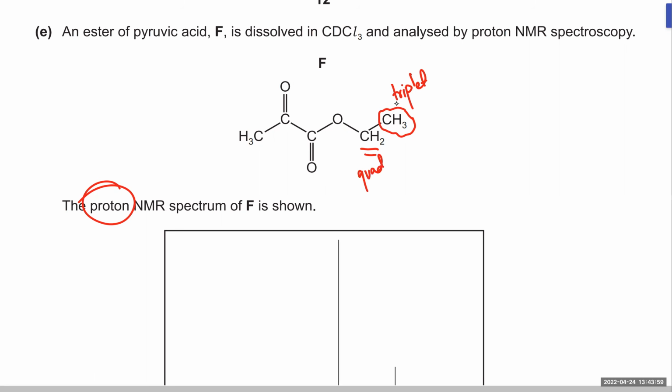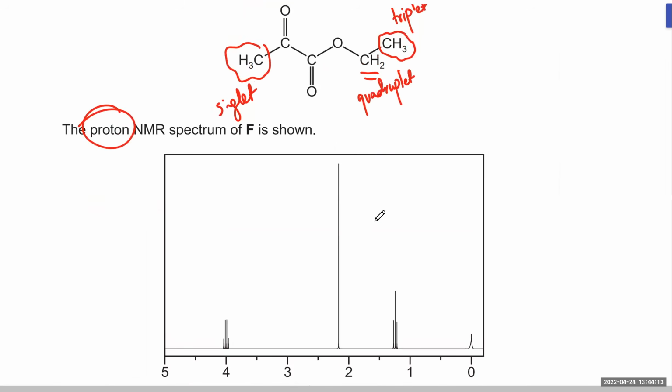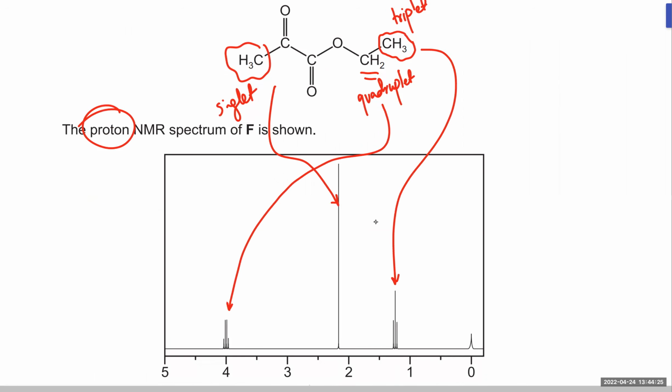Yes. And that one over here, ye kya hoga? Singlet. Singlet. Bas theek hai. So you've just figured this out without even looking at the data booklet. So this one is this one. The quadruplet one is this one, and the triplet one is this one. And remember, zero pe that's TMS.